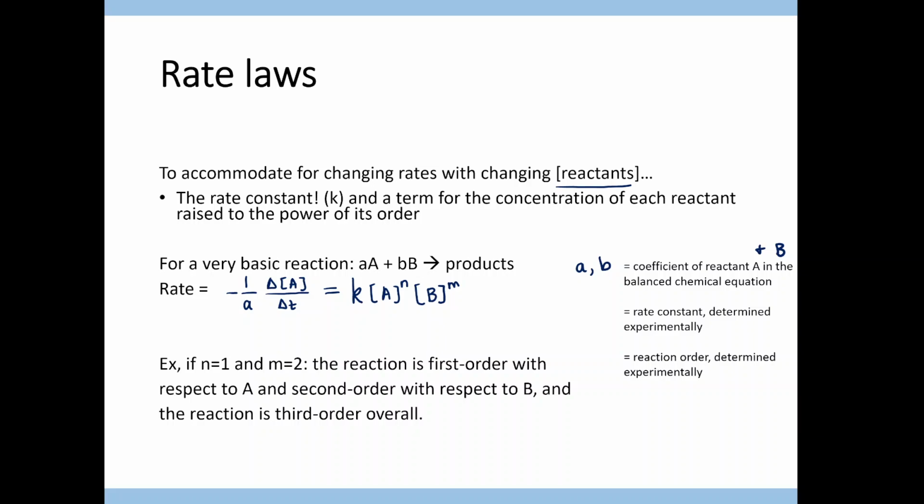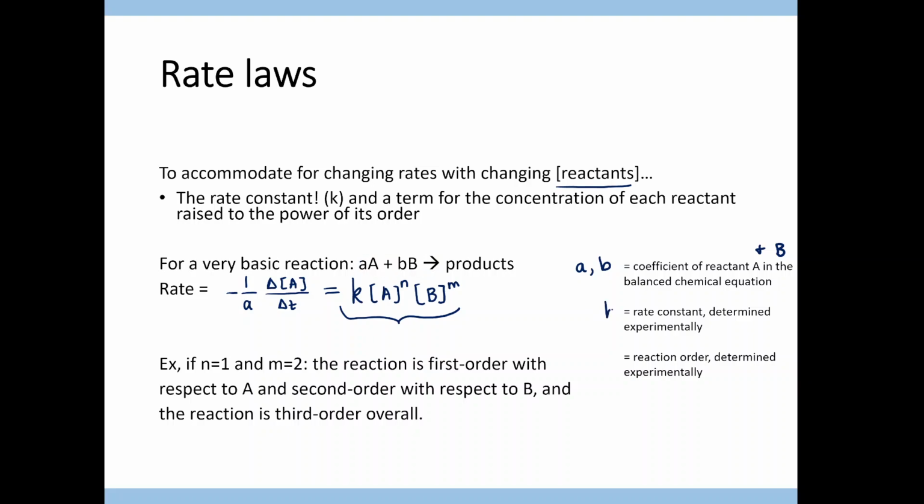So taking these two reactants and writing this rate law with the variables present here can always work. We will determine the values of n and m and k experimentally, or they will be provided. We'll go through examples to put this into context.